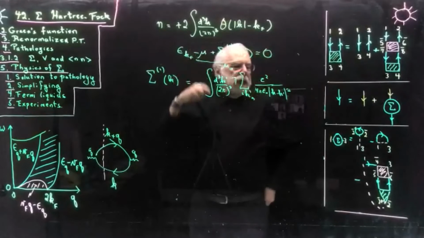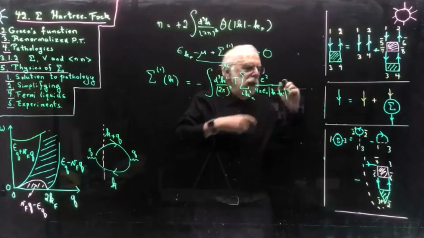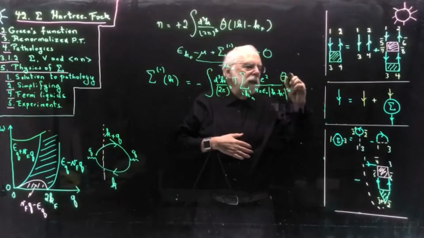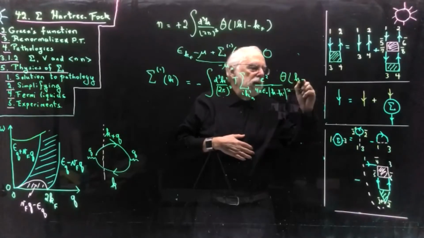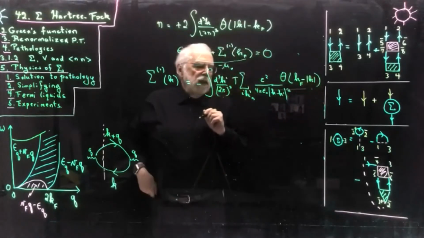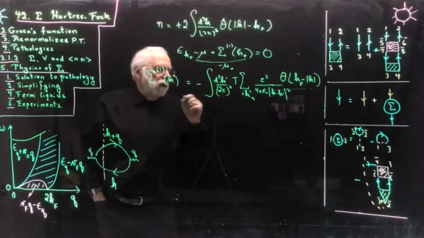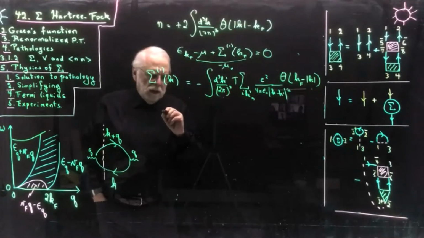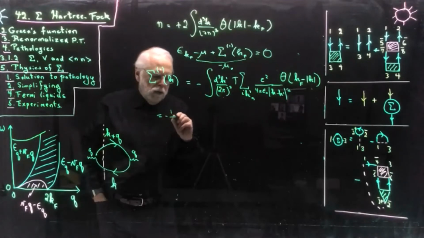So you remember that I can replace this, at 0 temperature, by theta of k_F minus k. So how do we do this integral? I have minus 1 over 8 pi cubed.